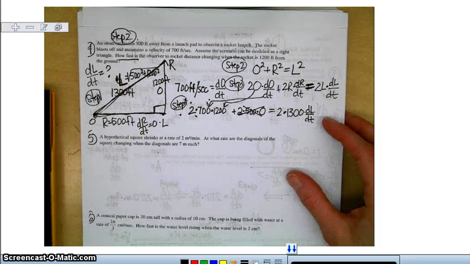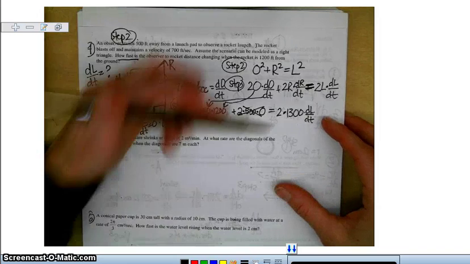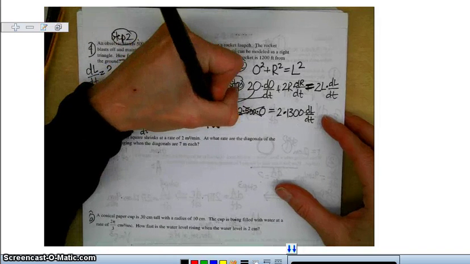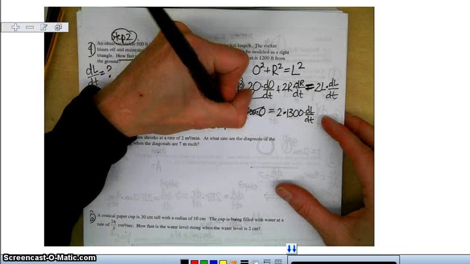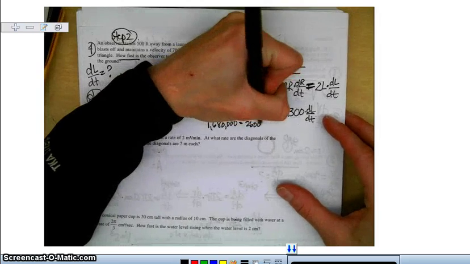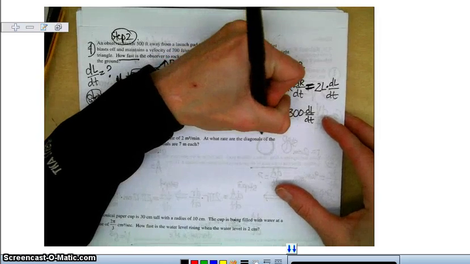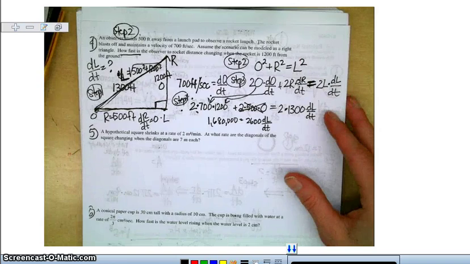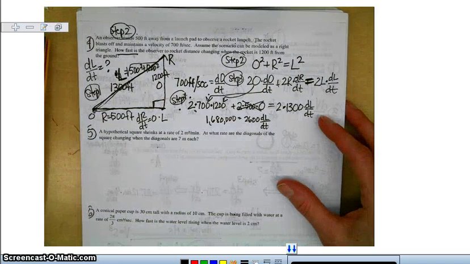So 2 times 700 times 1200 is 1,680,000 equals 2,600 dL over dt. And then just divide by 2,600.